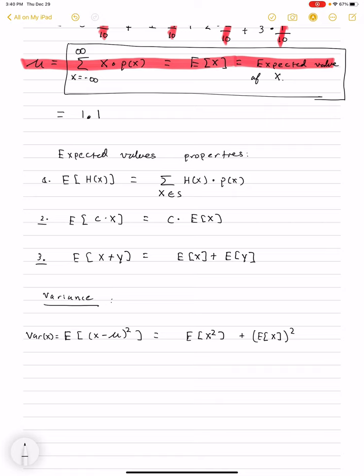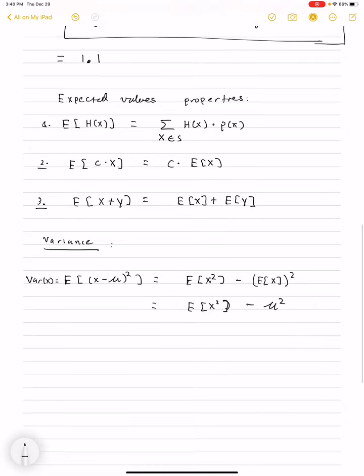Excuse me, not a plus there, but the minus. A little typo. And of course, we can also write this as e of x squared minus mu squared, because I told you mu is the symbol for e of x.